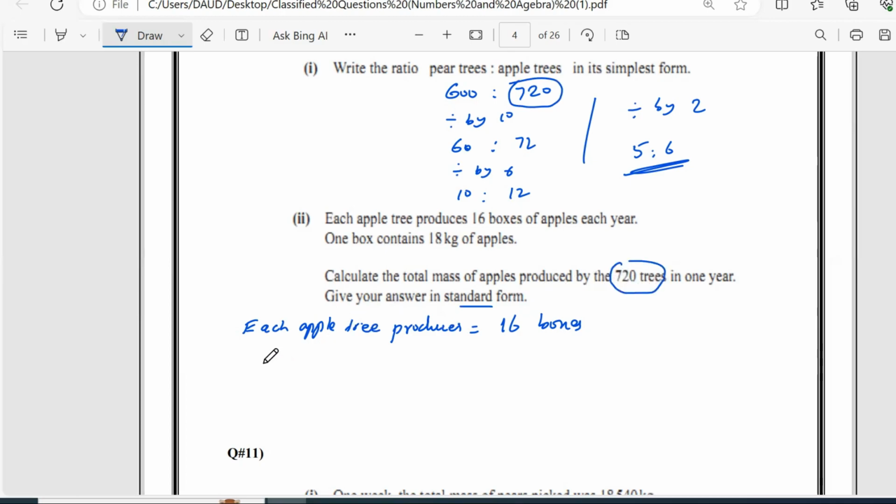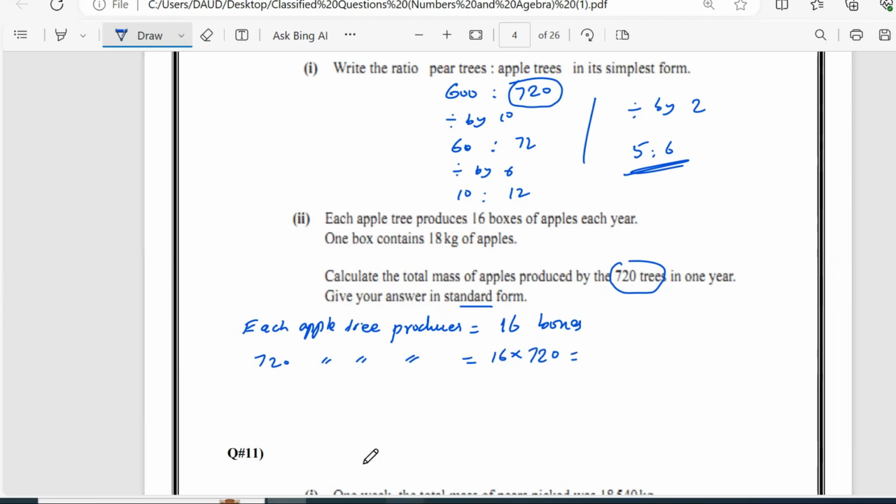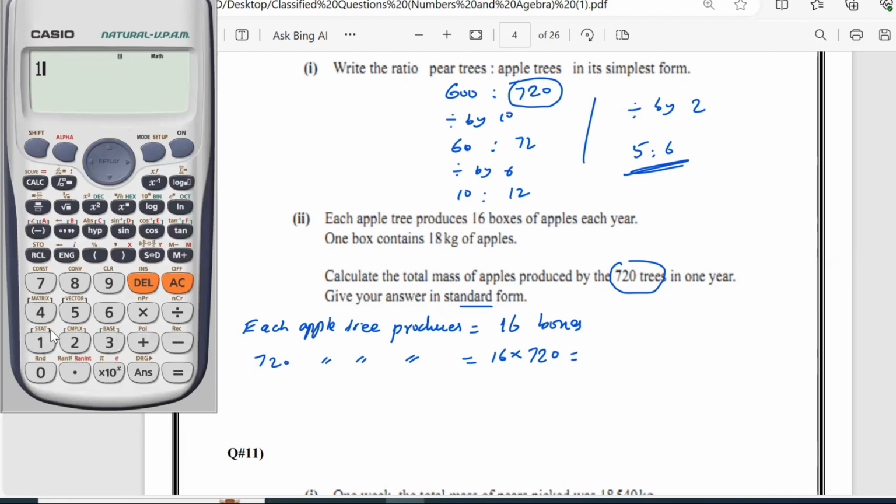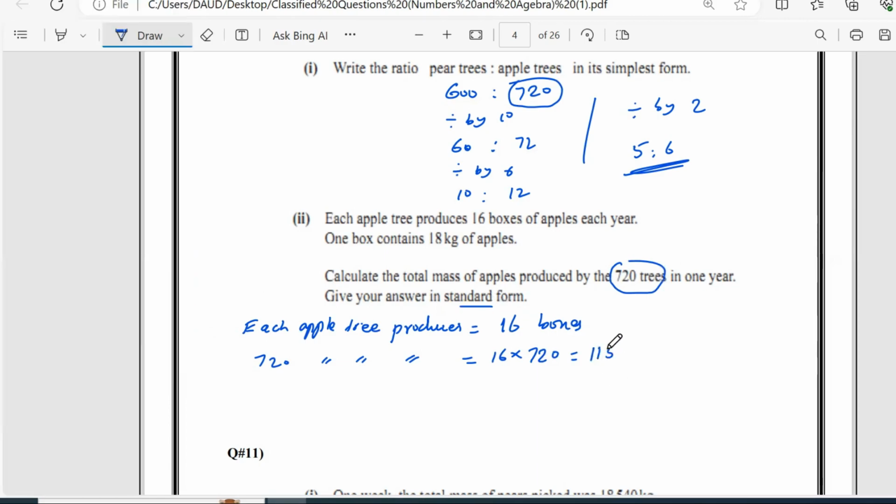So 720 apple trees produce how many boxes? 16 multiplied by 720 equals 11,520. These are the number of boxes.